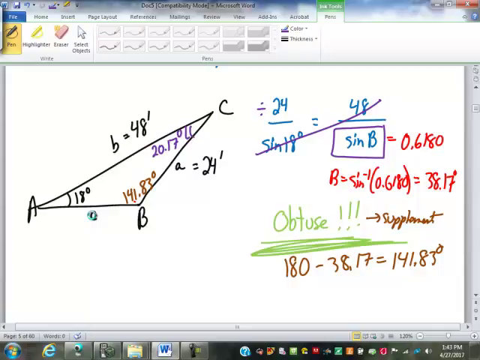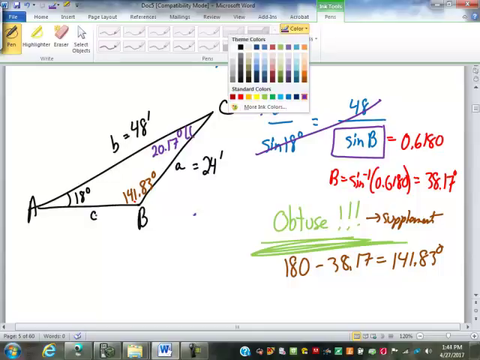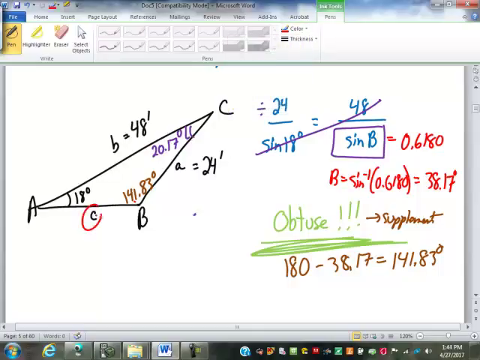What do we know about side C? I'm not going to find it right now because it's time to give you homework. But what do we know about side C as far as its length? Let me ask more specific. Is it longer than 48? No, why not? It's smaller than this. Is it longer than 24?